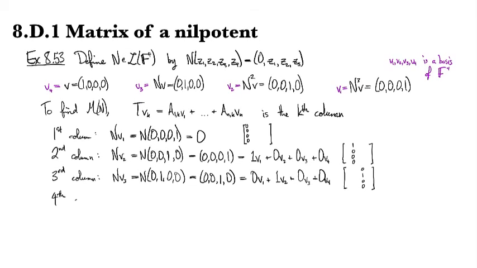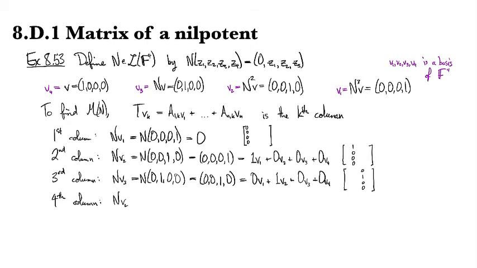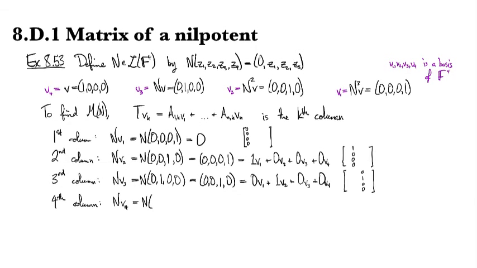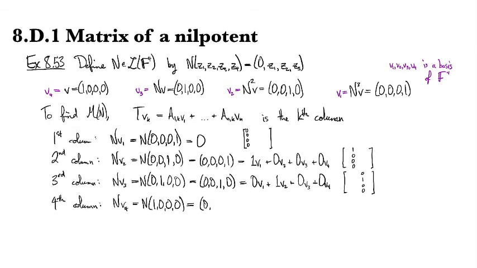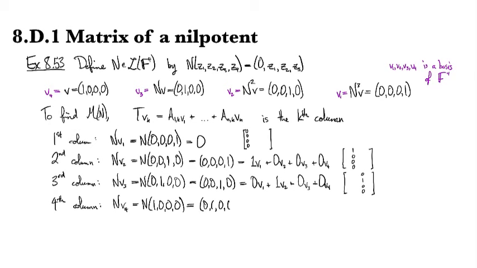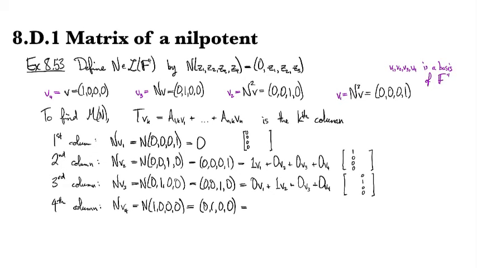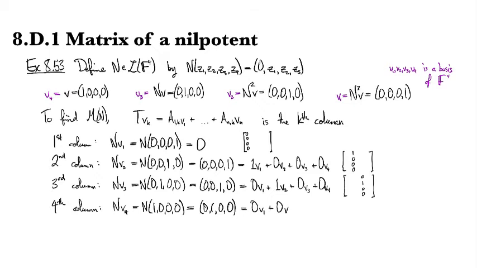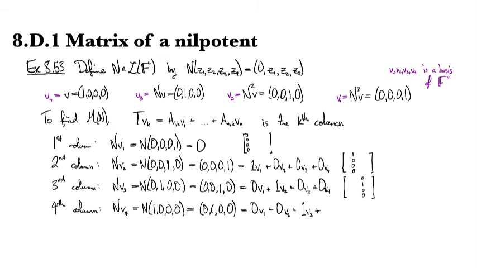And the fourth column is the coordinates for the image of v4, which is 1v3.